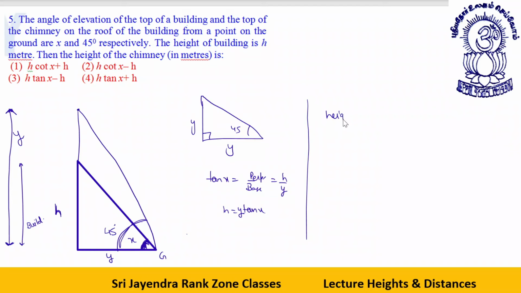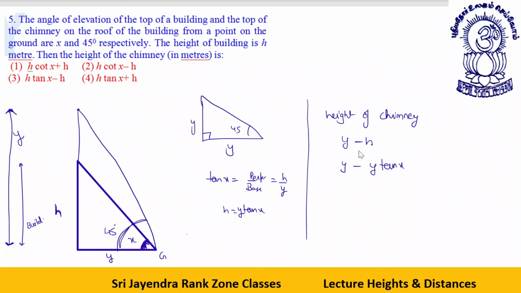Now the next part. What is the height of the chimney? Height of chimney is y minus h. Y minus y tan x, and y and h are the same thing actually. Oh, sorry, it's my fault.